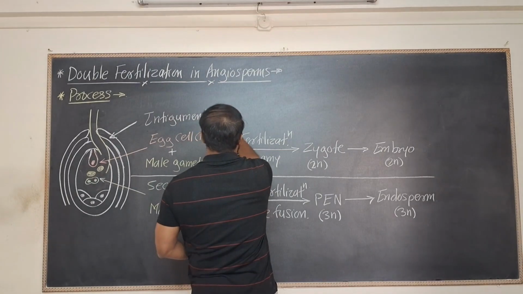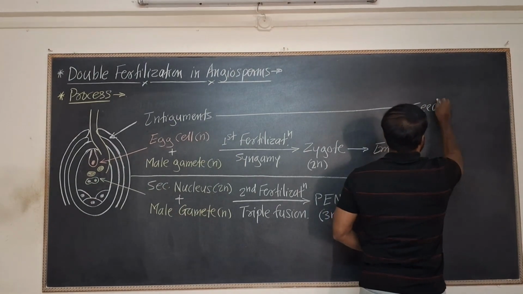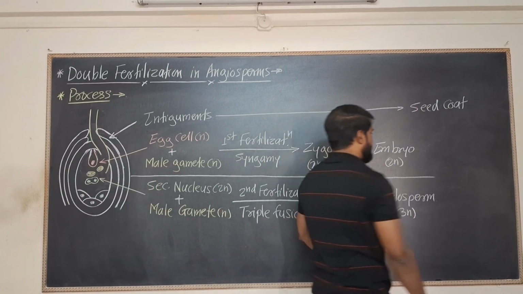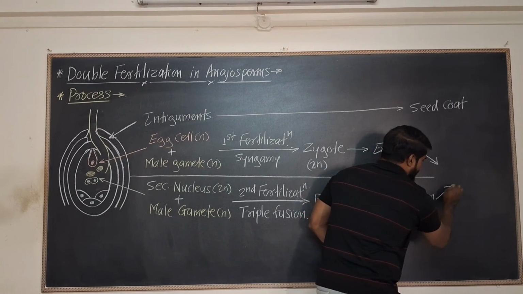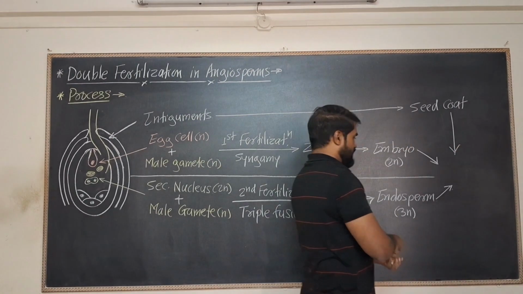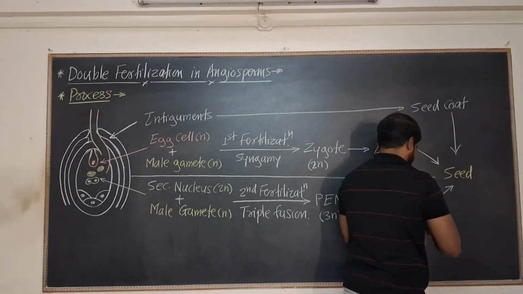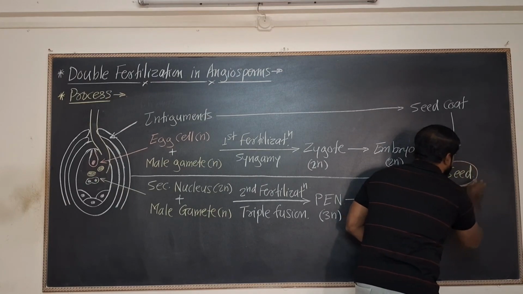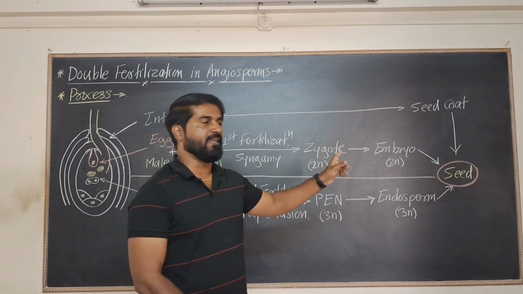These integuments will develop into seed coat, and now comes the interesting thing, the embryo, endosperm and covering seed coat, they will develop into seed. That means after double fertilization, ovule gets converted into seed.